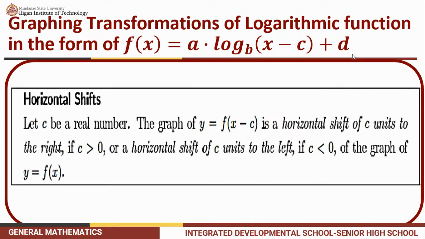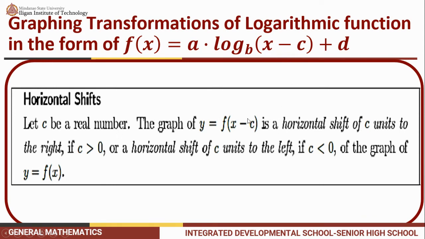Okay. Now, we will proceed to the value of our C. The value of our C represents the horizontal shift. So if our C is greater than 0, here, if this would be x minus C, that means there will be a horizontal shift of C units to the right.